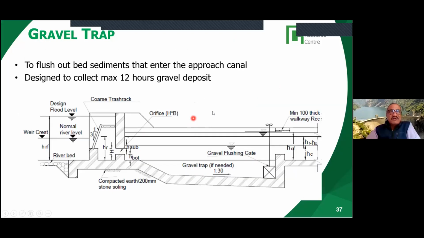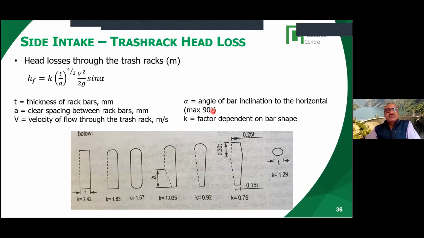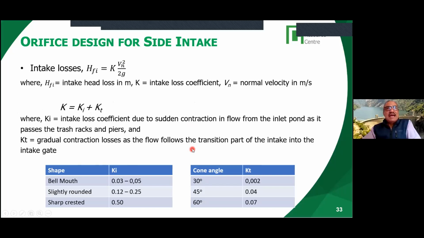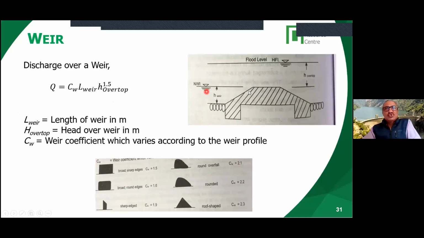I want to start the gravel trap next, but I think it will take longer than 5 minutes. So I want to put some questions just to make you understand. I just want to highlight the weir.